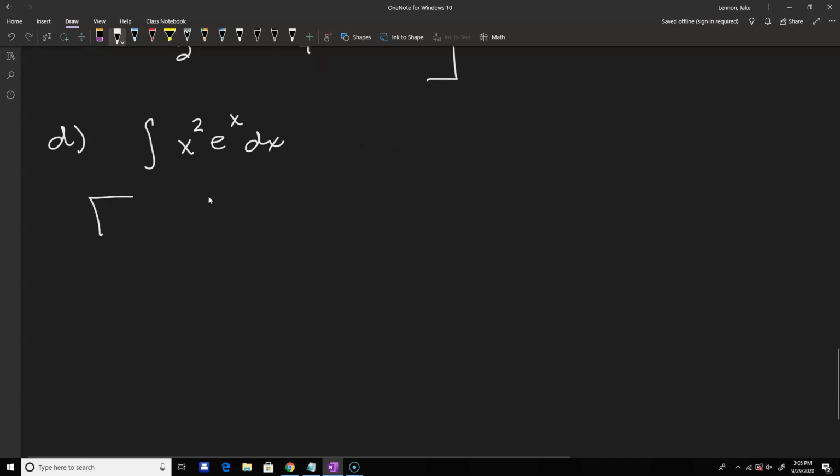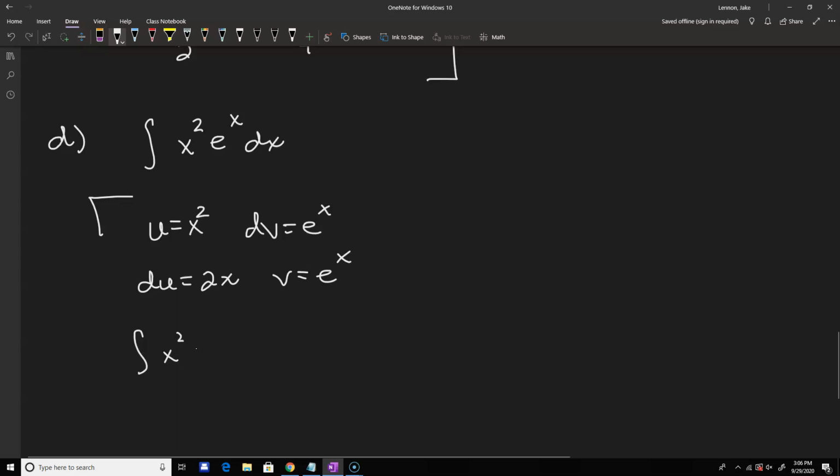So in this one, we're going to make the same designation. The polynomial part is going to be u, and the e to the x is going to be dv. And so du, in this case, will be 2x, and v will just be e to the x. So then look what happens. Let's write our integral down.